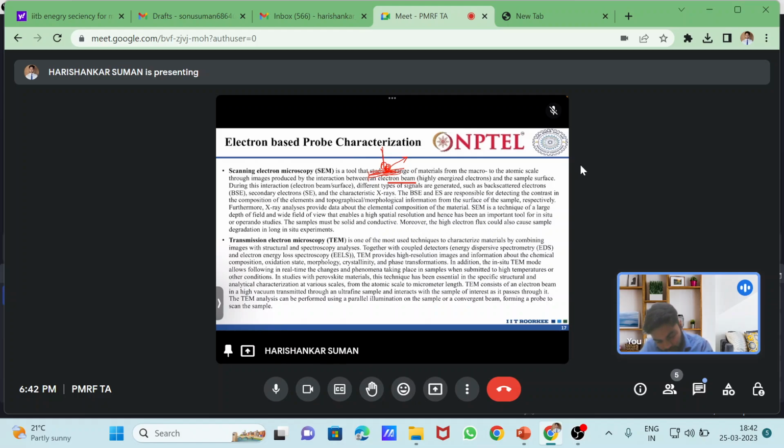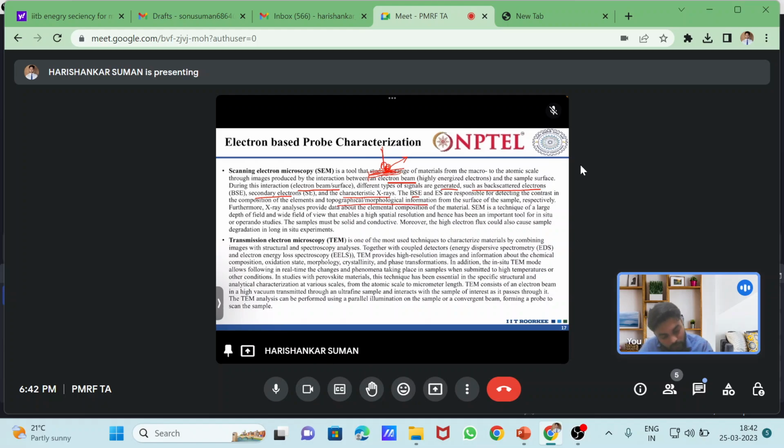During the interaction, different types of signals are generated, such as backscattered electrons, secondary electrons, and characteristic X-rays. The backscattered electrons and secondary electrons are responsible for detecting the contrast in the composition of the element and topographical morphology information.